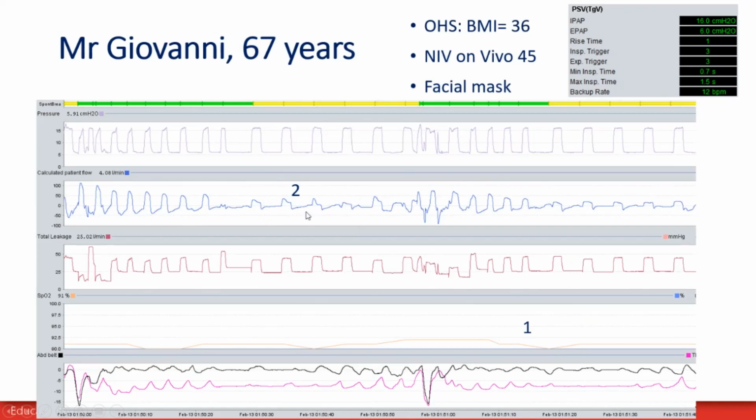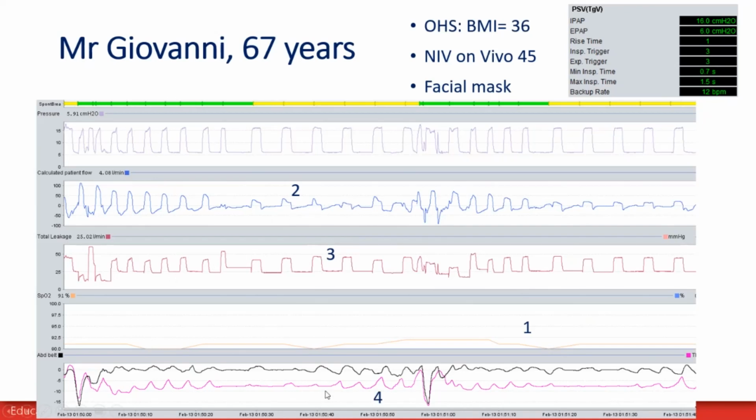Well, to conclude about this event, we have to look at the leaks. So here we see there is no increase in the leakage, so it means that this event is an upper airway obstruction. Be careful, because you may have exactly the same shape on the patient flow, but if we have a leak, then it's just due to the leak. Okay, but here there is no leak, so it's an upper airway obstruction.